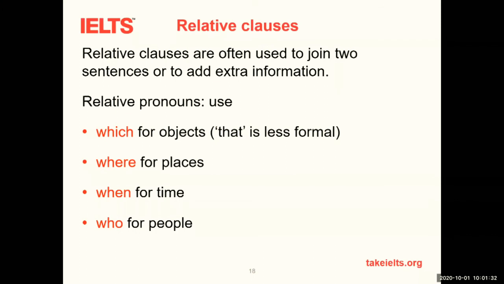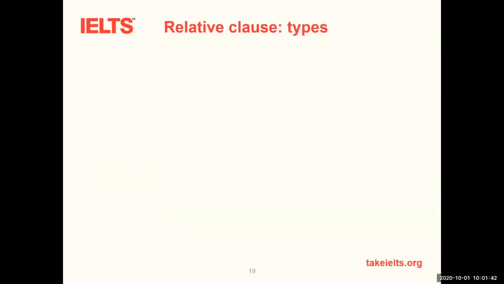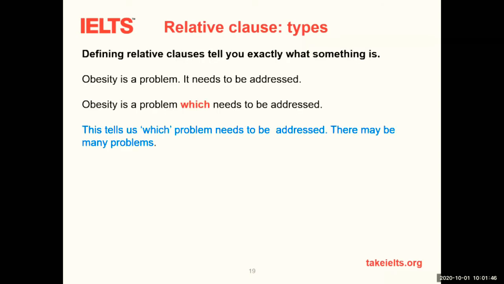Do you remember the spotlight? We don't want the spotlight on the people. We want the spotlight on the actual object. Okay, and let's quickly remind ourselves of the two main types of relative clause. The first one is what we call a defining relative clause, which tells you exactly what something is. So, for example, we've got two sentences here.